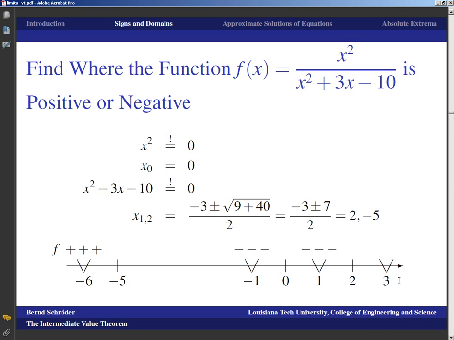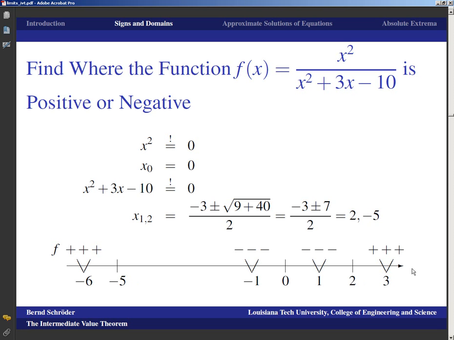Function is negative. And 3, well, 3 squared is 9, 3 squared plus 3 times 3 is 18 total. Minus 10 is 8, that's positive, so positive divided by positive is positive. And that tells us that our function is positive from negative infinity to negative 5, negative from negative 5 to 0, negative from 0 to 2, and positive from 2 to infinity.